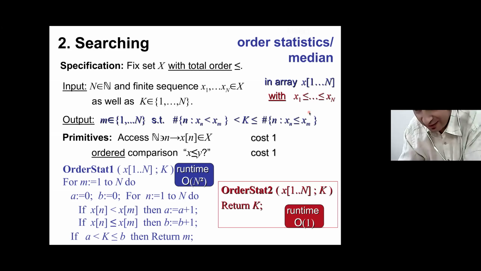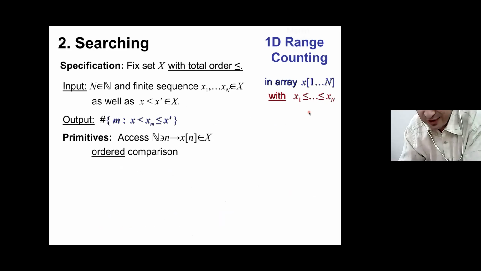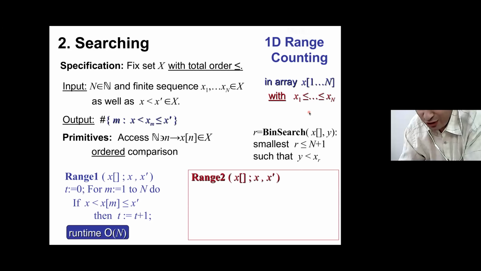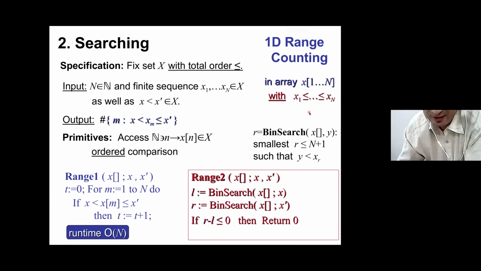So, okay. And then we discussed the issue of 1D range counting. Okay, so this is the number of elements of an array which lie between two given elements x and x prime. And the first was the naive algorithm. Okay, so simply go from left to right and test.